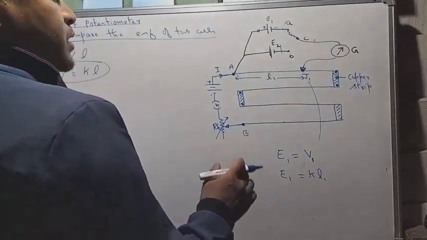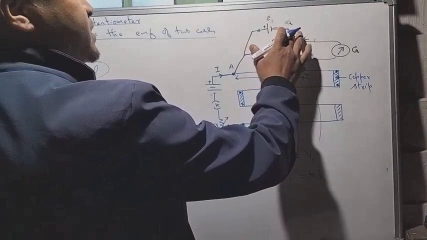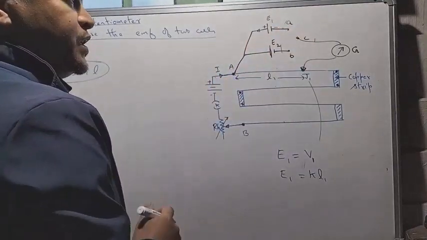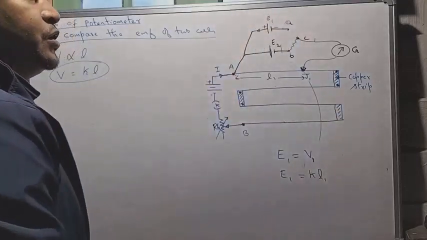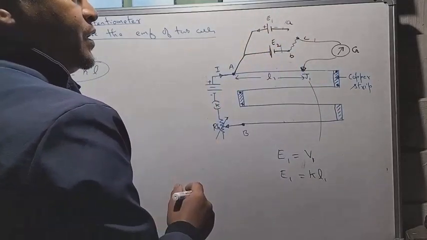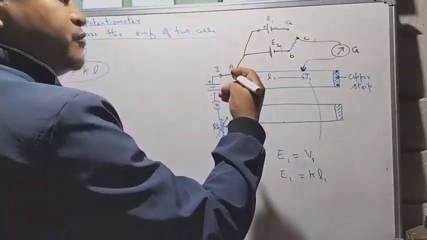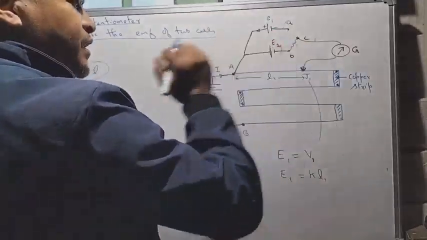Next, I will disconnect the points A and C. Now I will connect B and C. If you connect B and C, you are introducing the cell E2 into the circuit.